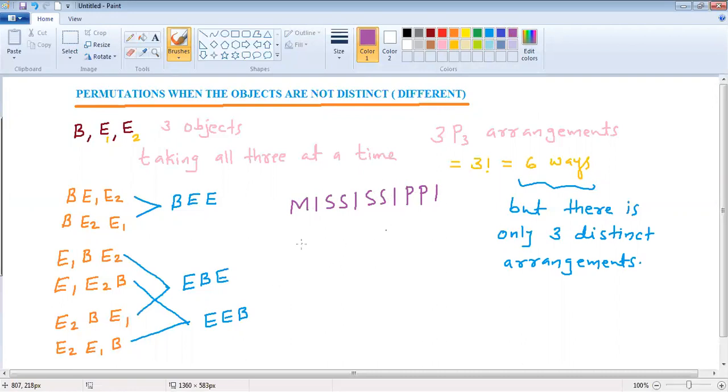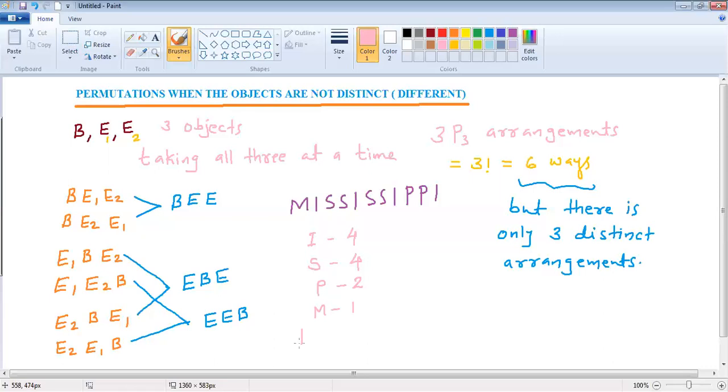So you can see that here the letter I is repeated 4 times. The alphabet S is repeated 4 times. The alphabet P is repeated 2 times. And M is not repeated. So M, it is not repeating. Just for your understanding, I'm writing 1.